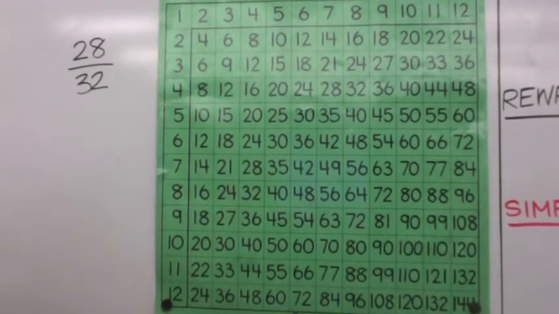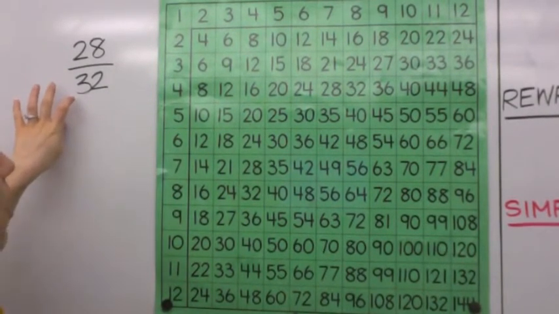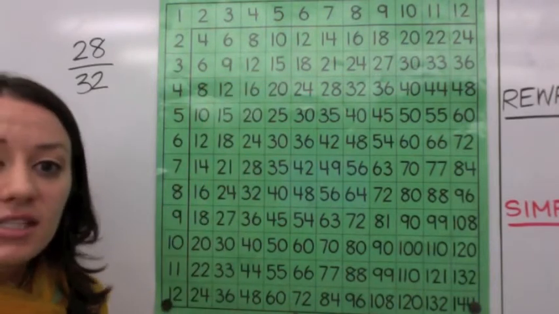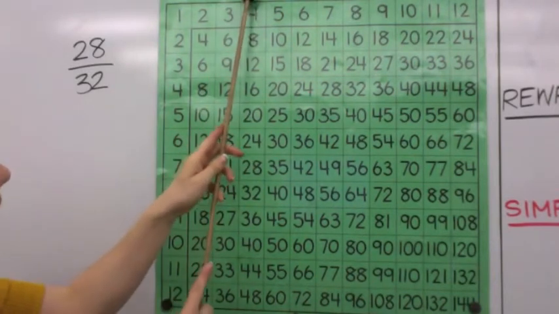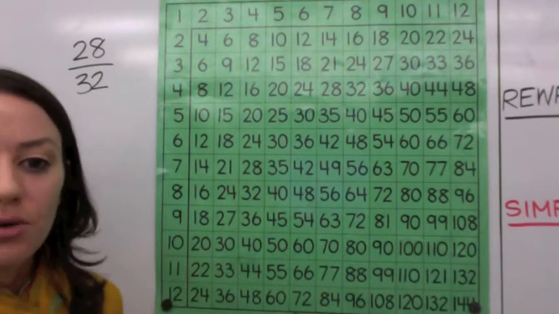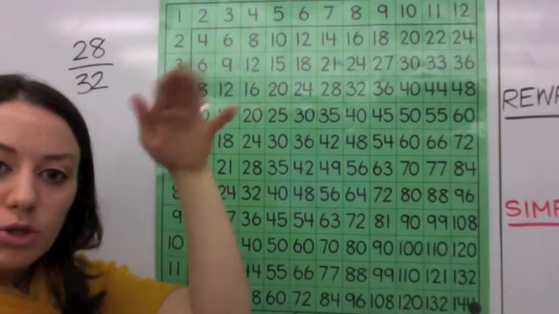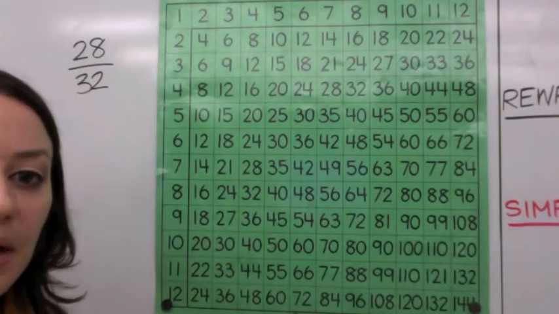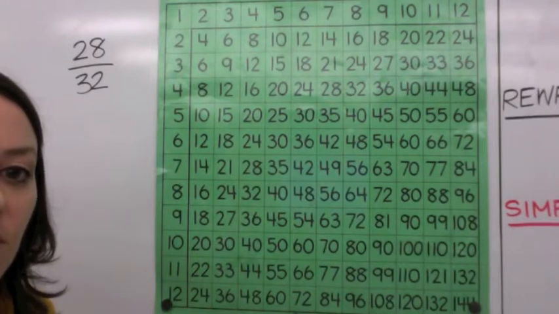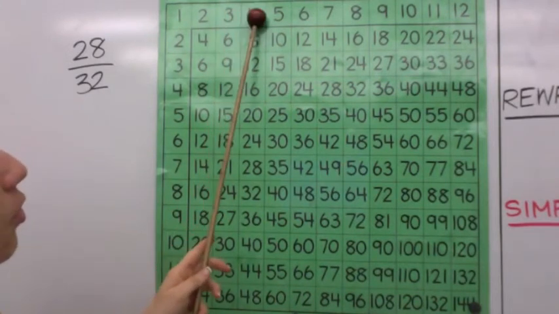Okay, so the fraction is 28 over 32. On the multiplication chart, is there a column where 28 and 32 are underneath each other, where 28's on top and 32 is at the bottom? Can you find it, anybody? 28 and 32? Is it in column 4?